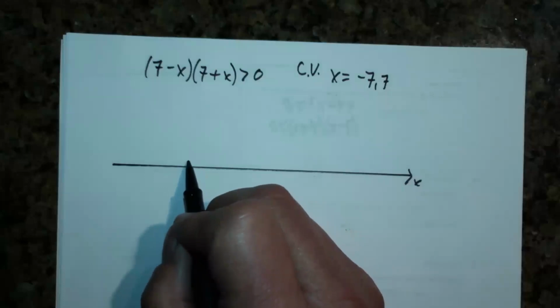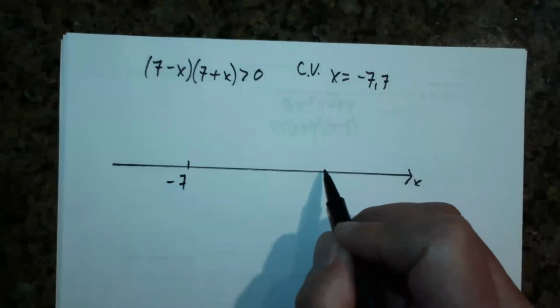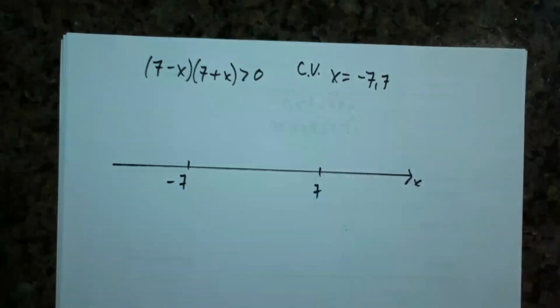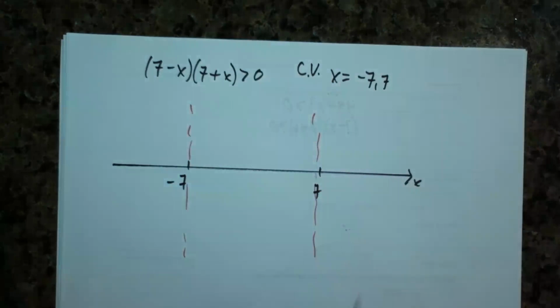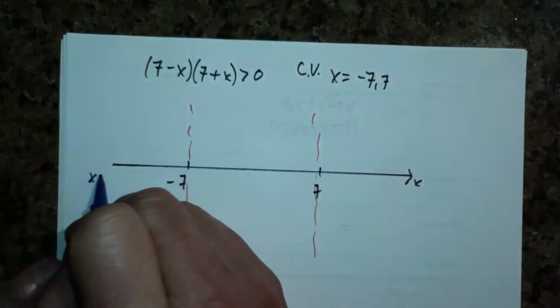So we're going to get -7 and 7. And again, we're going to partition this off and test a value in between each and plug them into here. So let's start here. We'll start with x equals -8.